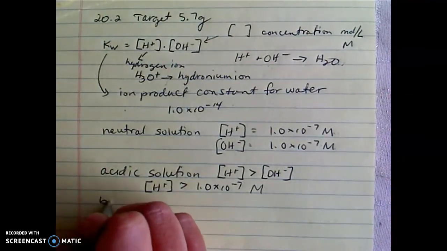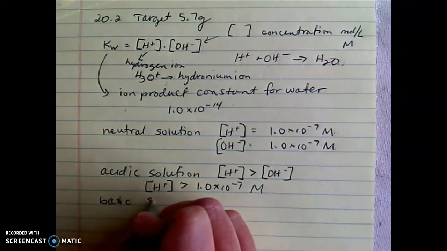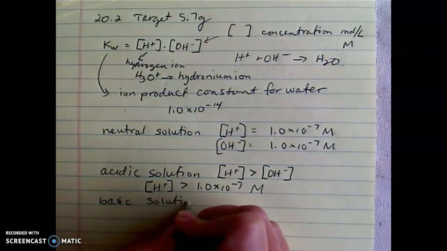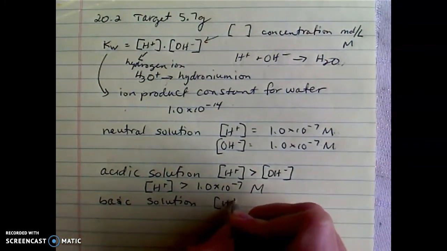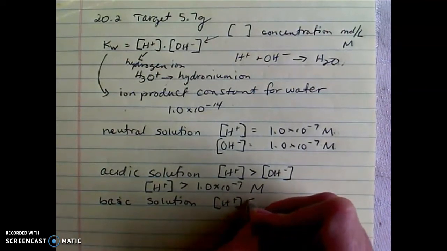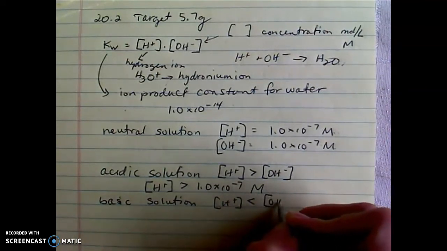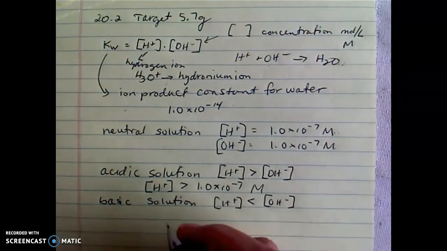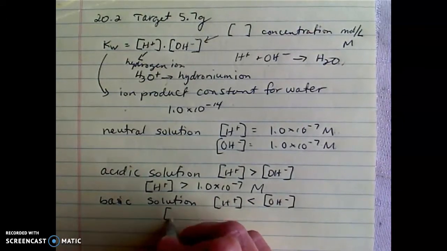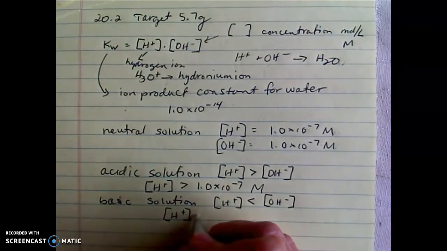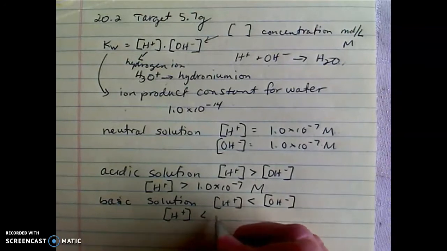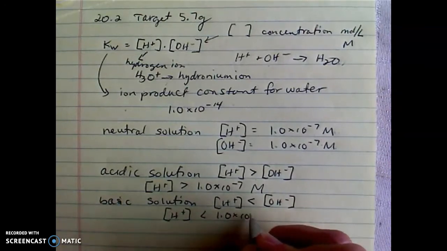Now if you have a basic solution, it's going to be the other way. Your H plus concentration is going to be less than your hydroxide ion concentration. So when you're looking at a basic solution, your H plus has to be less than 1.0 times 10 to the negative 7.